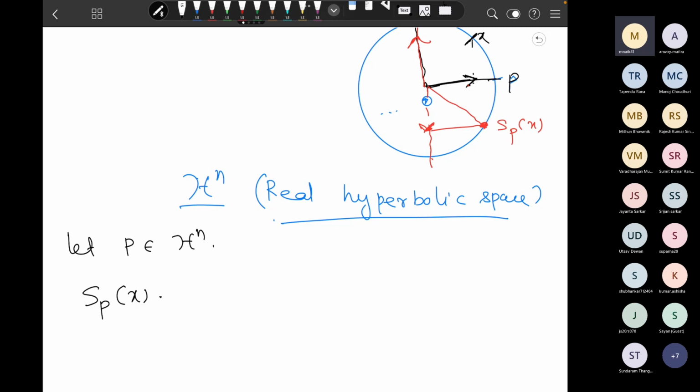So SP(x) in the sphere case, this was the condition: SP(x) is equal to 2<x,P>P minus x. This was the isometry in the sphere case. Now what you will do, you will just change this inner product to this bilinear product.